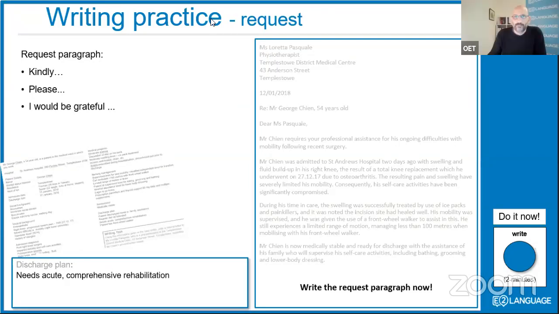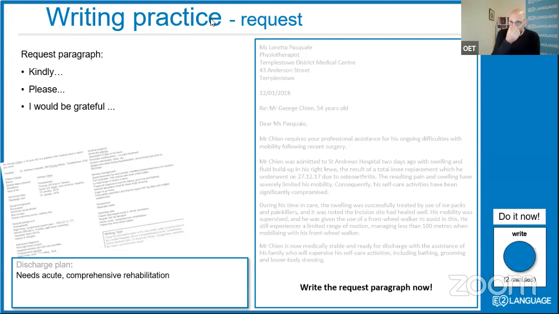Every letter requires an introduction. Every letter requires a request. It's how you structure the letter, mostly in the middle of that, that requires the flexibility. As you've seen, for any of you who've done these classes before, some letters have a very long request paragraph.